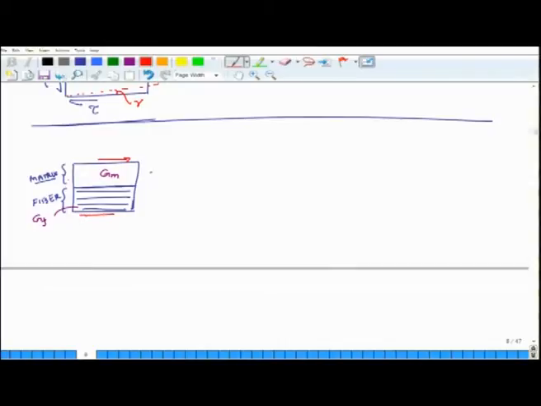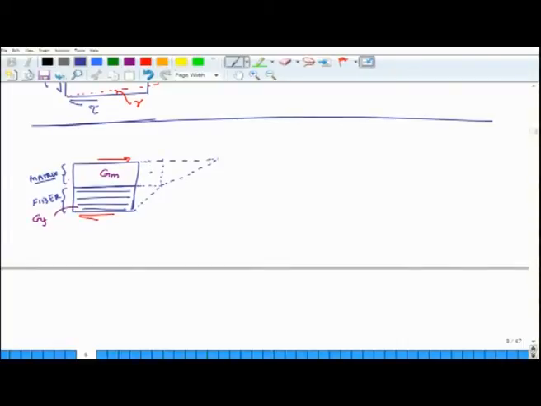So, I apply some shear strain or shear stress to it. What happens? This system deforms, and as it deforms there will be some deformation in the fiber, and there will be some more deformation in the matrix.